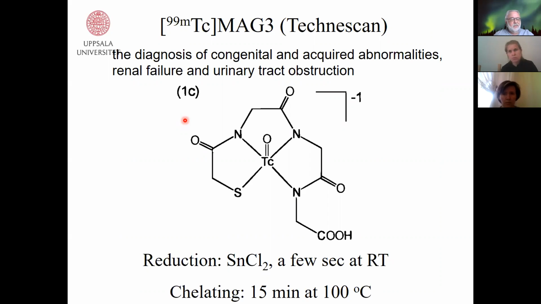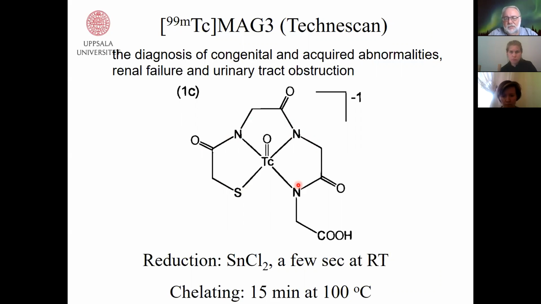Yet another important technetium pharmaceutical is Technescan, or MAG3. MAG3 is the mercaptoacetyl moiety and triglycine.